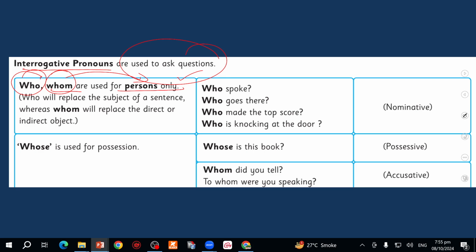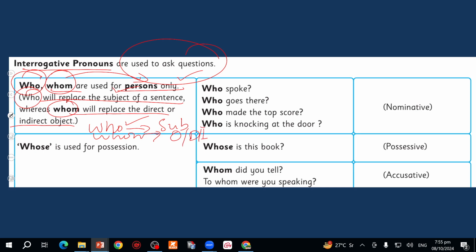Who will replace the subject of a sentence, whereas whom will replace the direct or indirect object. So who is for subject and whom is for object, direct or indirect.